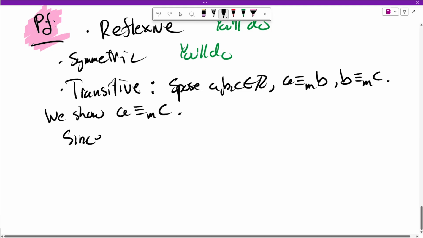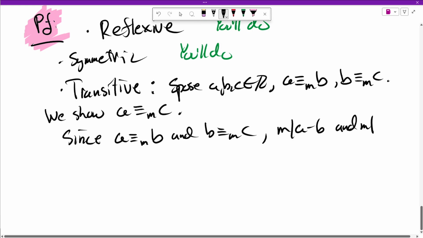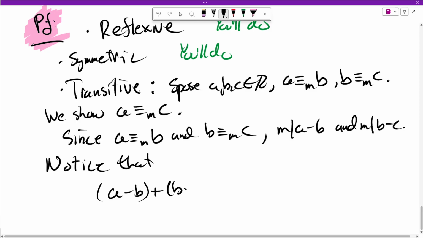Since a is congruent modulo m to b and b is congruent modulo m to c, m divides a minus b and m divides b minus c. Great. Now, a minus b plus b minus c is equal to a minus c. So notice that a minus b plus b minus c is a minus c.